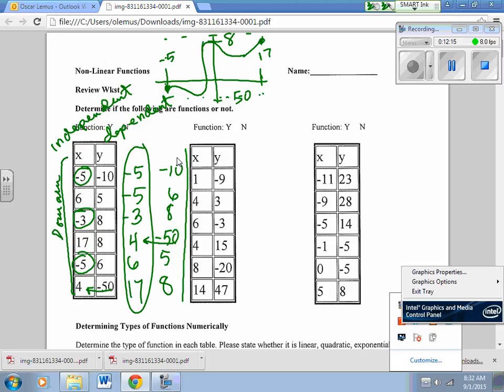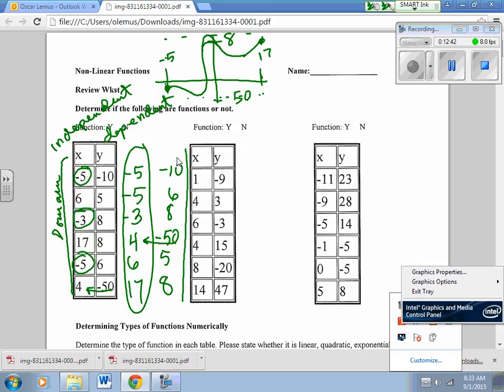My picture's off right here. It needs to reach all the way to the top because this is part of the range, and it needs to reach the bottom, and it needs to be able to reach the left and the right. You understand that? Some of you had the right idea because you drew the box of where it was. Dashed line meant it didn't touch it, so that was an open circle.